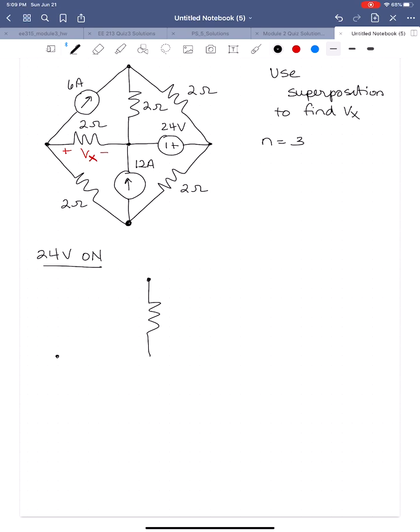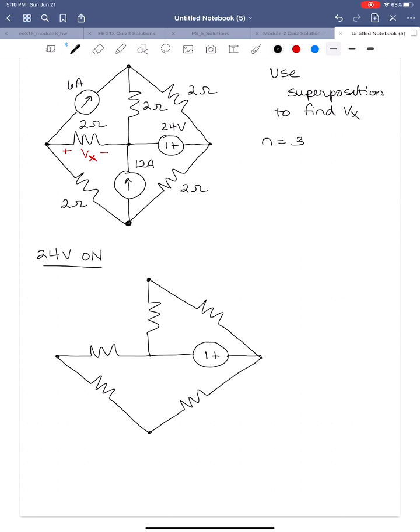and this 2 ohm resistor, and we will have this 2 ohm resistor. We will have this 24 volt source, and okay, darken in some of these nodes here.